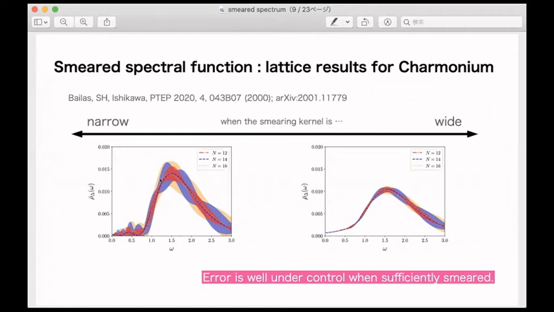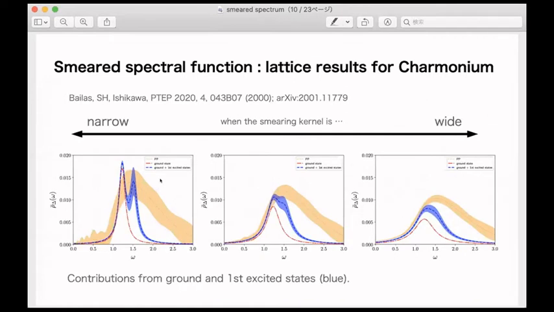Thank you. Okay, and we can also try to look at the individual contribution of the ground state and the first excited state, because we can analyze and fit those lowest lying states. And we can see how wide my smearing is. So these are the ground state and the first excited state.